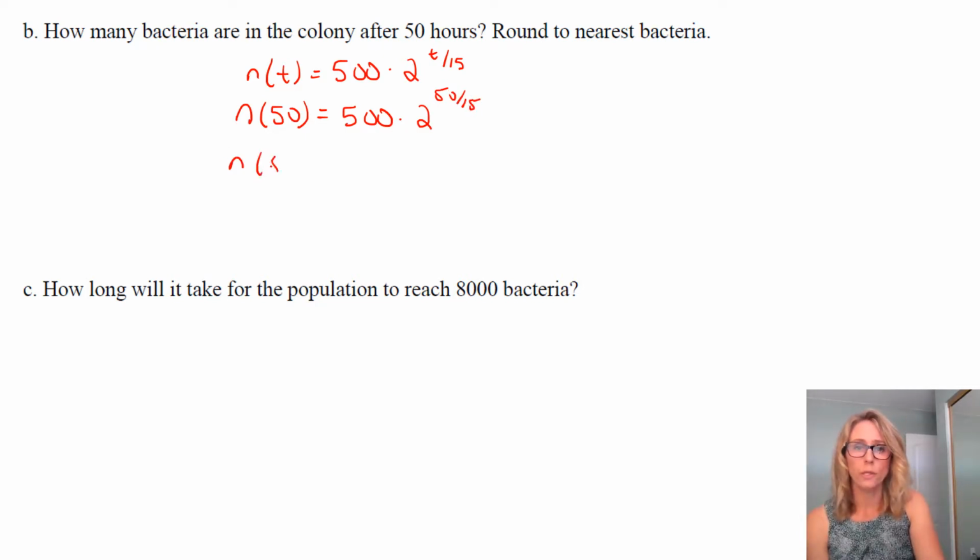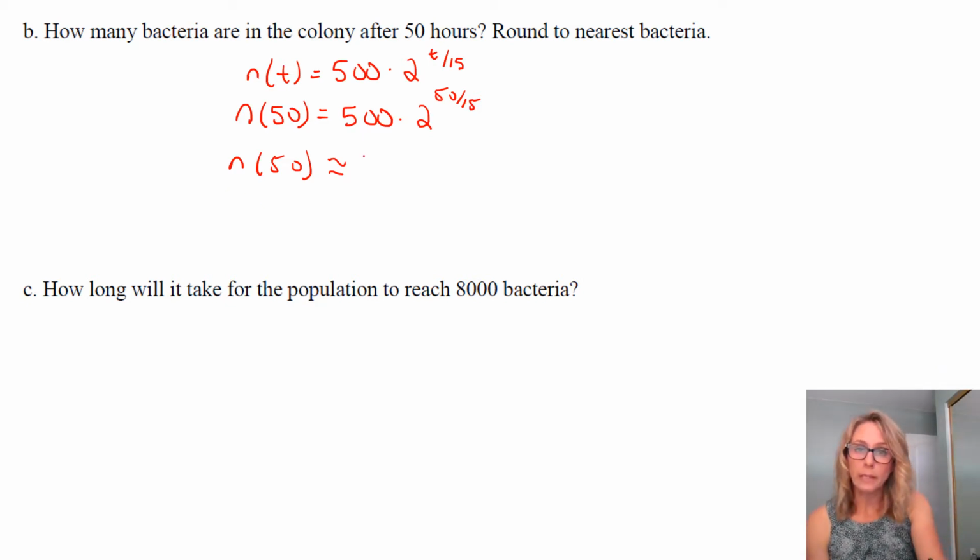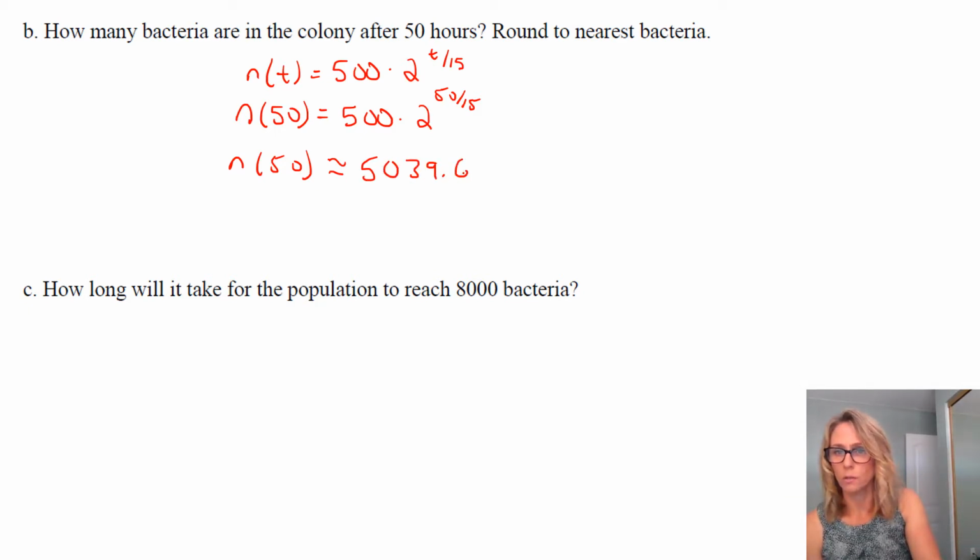So you want to work to try and get that all in the calculator at the same time. 500 times 2 to the, you may need to put parentheses around the exponent, 50 divided by 15, depending on what your calculator does. You can do this in pieces, it's up to you. But if you put it in correctly, you should have 5,039, and then I'll just show you that it has a decimal here.